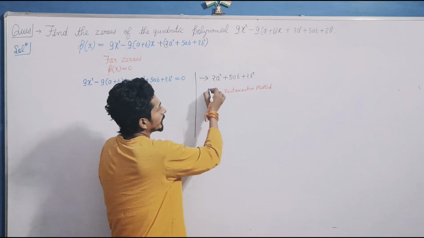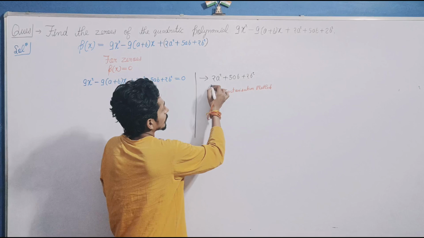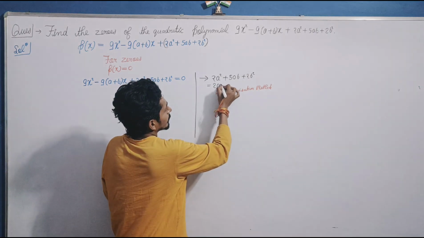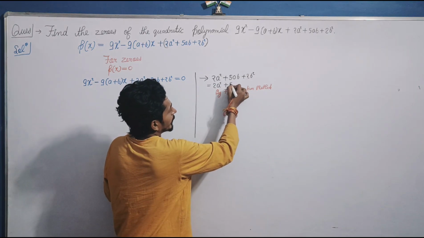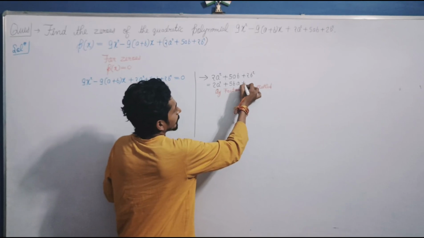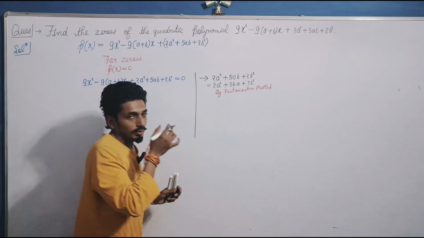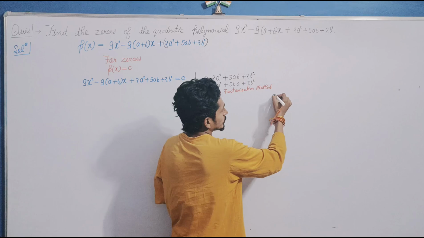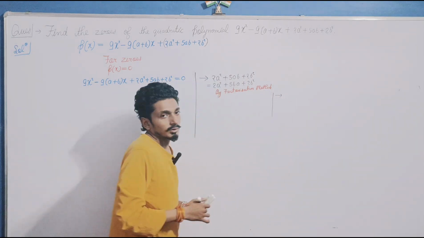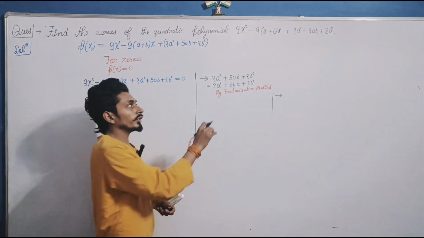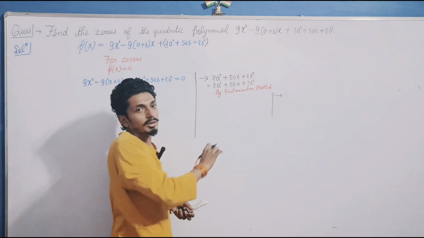Yes or no? So we can write 2a square plus 5 into b into a plus 2b square. Yes or no? So what is our first step of factorization method? That is, multiply the coefficient of a square with the constant term.